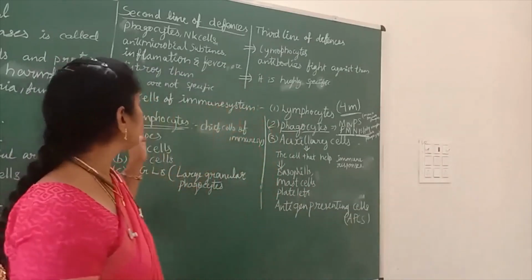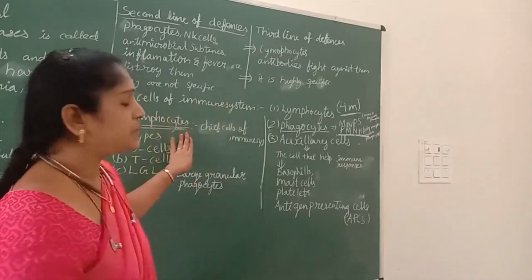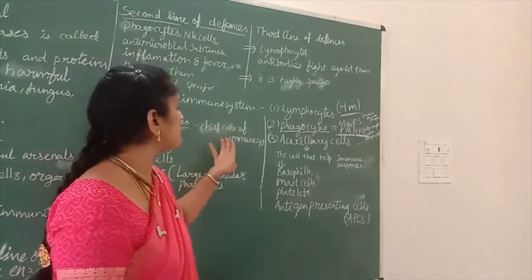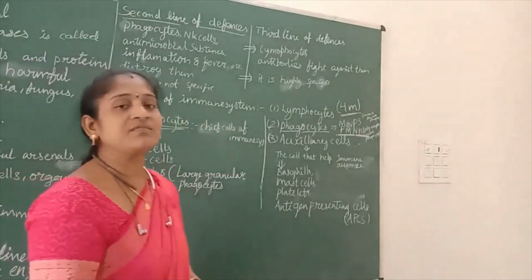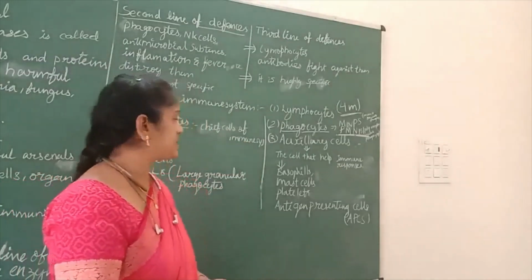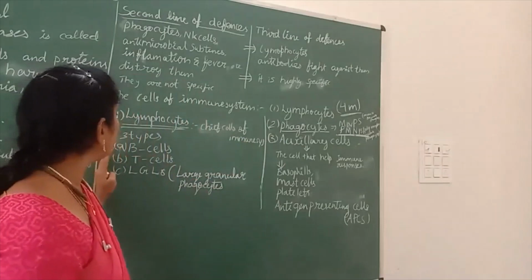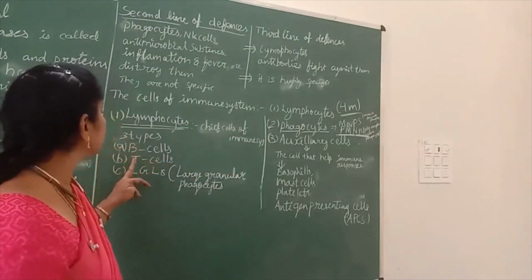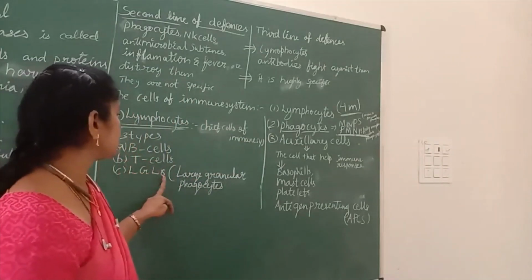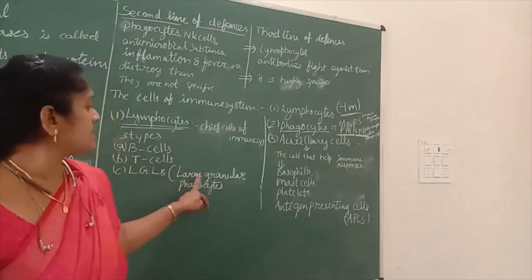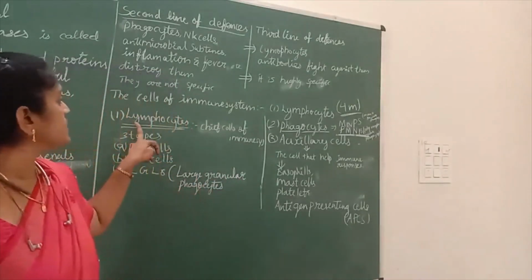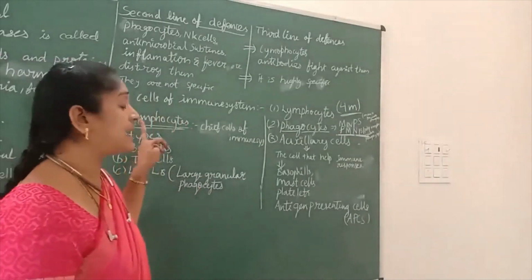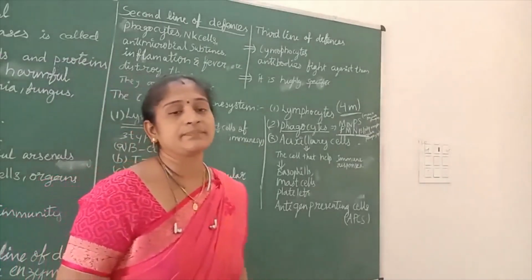So these are the 3 types of cells present in the immune system. Let us come to the lymphocytes. These lymphocytes are the chief cells of the immune system, very important cells. They are divided into B cells, T cells and LGLs. LGLs means large granular lymphocytes. These lymphocytes act in the lymphatic system.